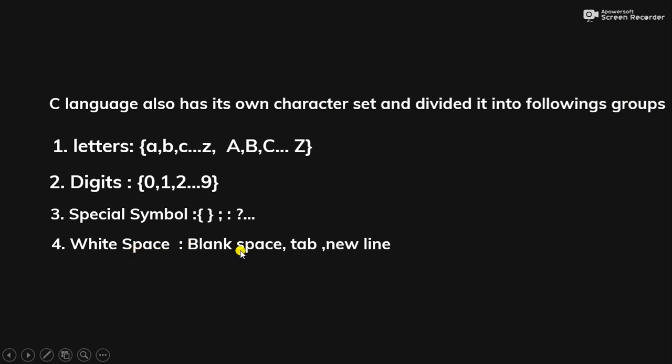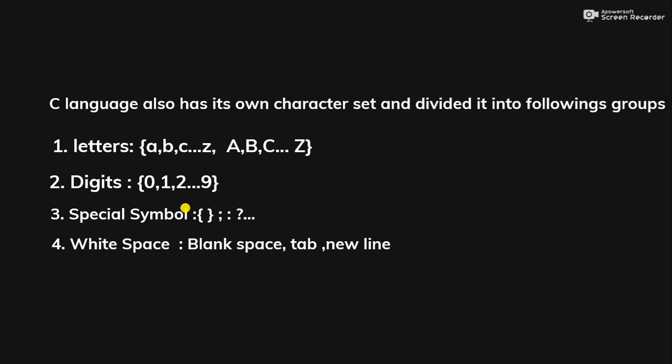The blank space, tab and new line come under white space. So these are the 4 groups of our character set for the C language, and using these we are going to write our C programs.